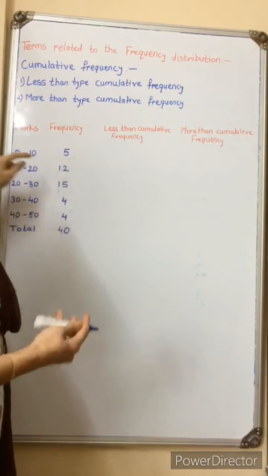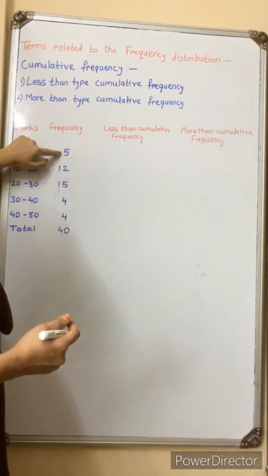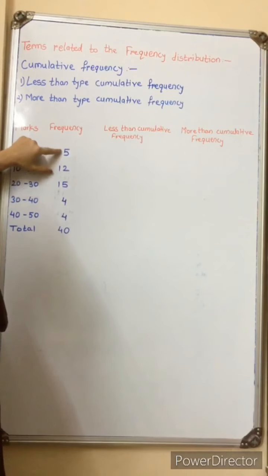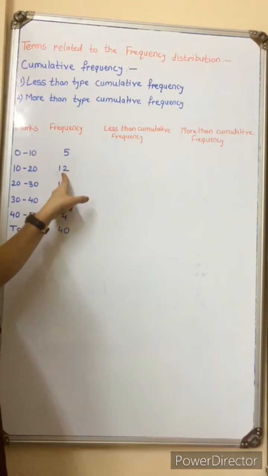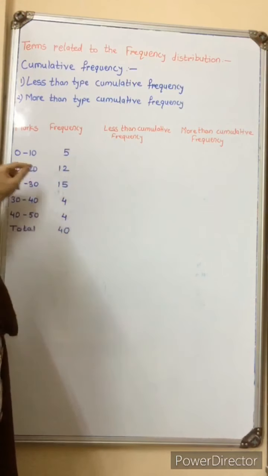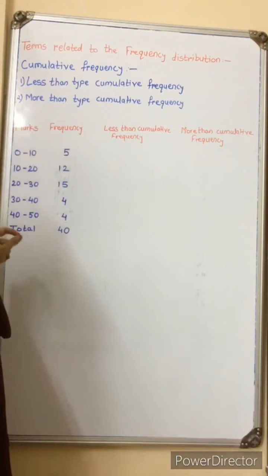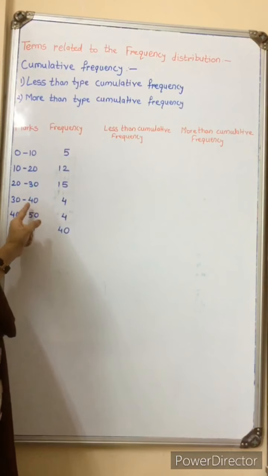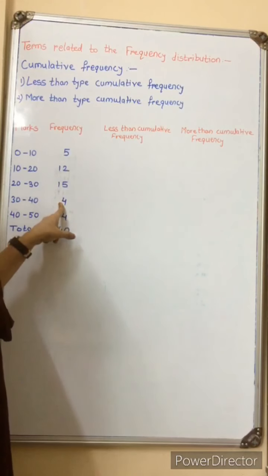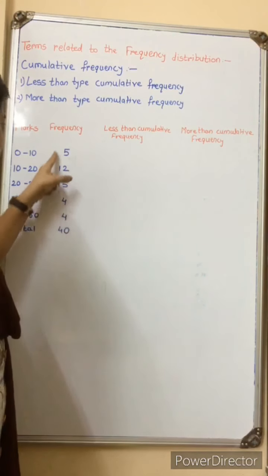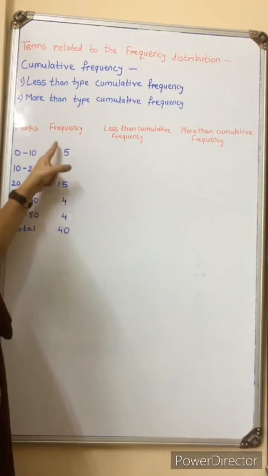Less than 20 means the addition of these two numbers, up to 10 and up to 20 only, not more than that. If we need the number of students less than 40, we add all these values up to 40.